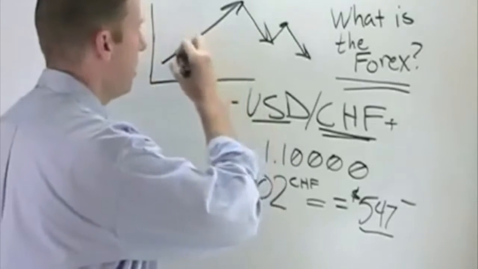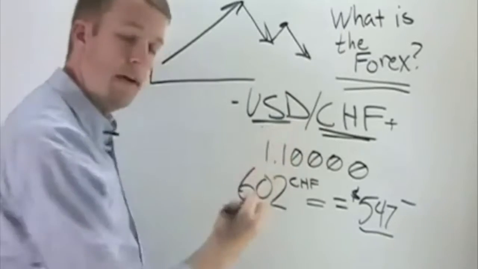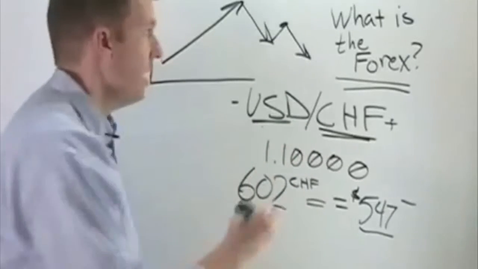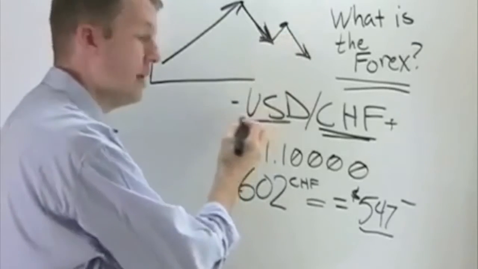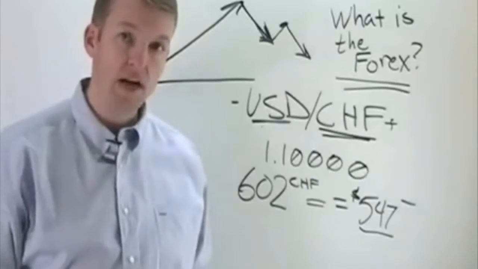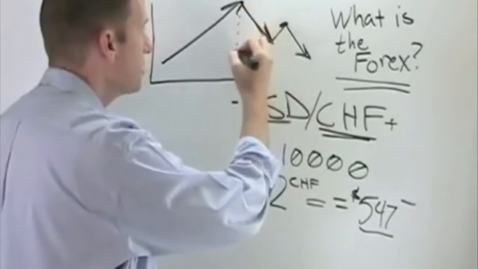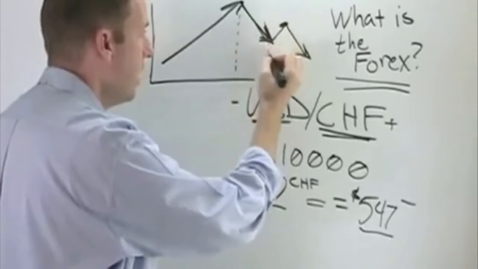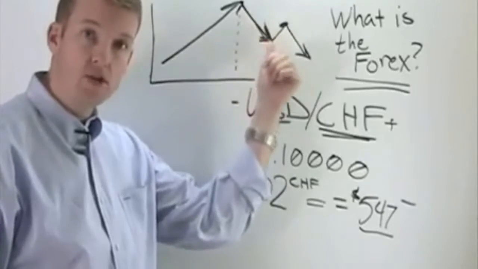Now, when the trend is going up, what you know is that the currency on the left-hand side is appreciating in value. When the trend is going down, the currency on the left-hand side is depreciating in value, and the currency on the right-hand side is appreciating in value, which was the situation here. If you could imagine it, it's almost as though we took our vacation right there and then decided to come home right there, where the franc was appreciating during that trend.